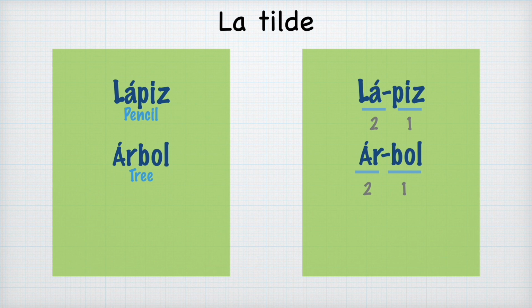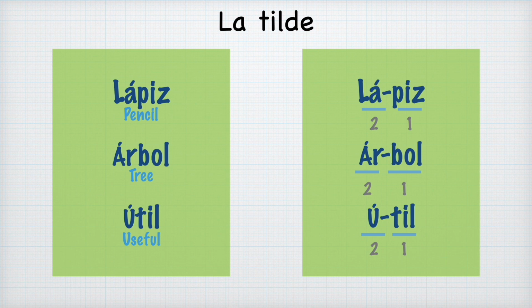And again, that doesn't sound right. And then we have útil, which means useful. And again, it has 2 syllables. And we see the accent on the U, so we're going to stress that one. Otherwise, it would have sounded like utíl. And again, it doesn't make sense.